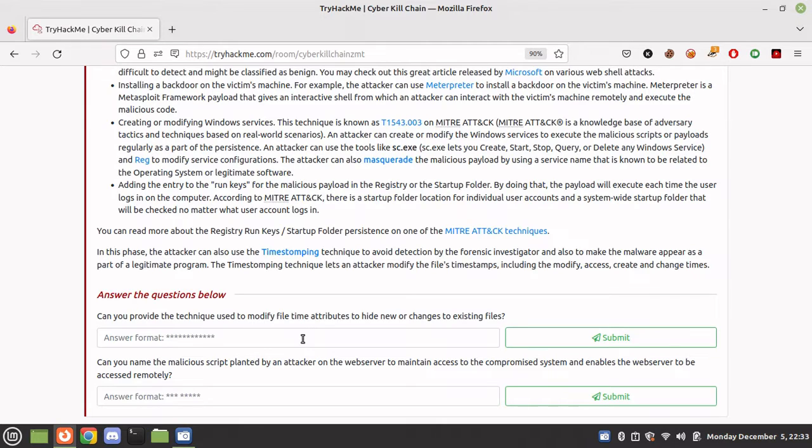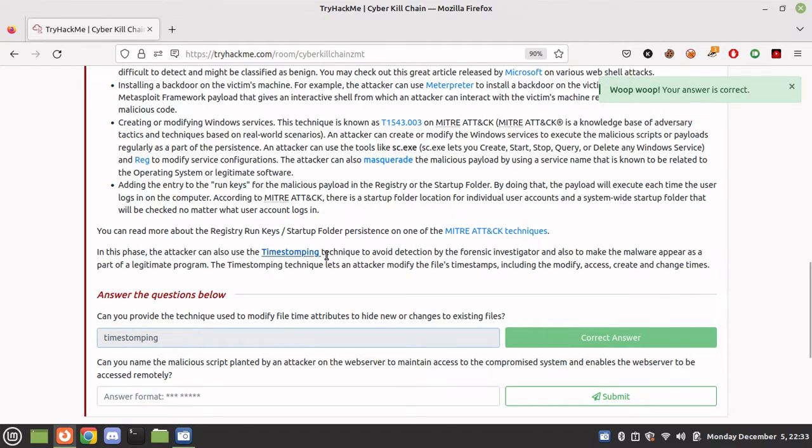The technique used to modify file time attributes of existing files is called timestomping. In this phase, the attacker also uses the timestomping technique to avoid detection by forensic investigators.